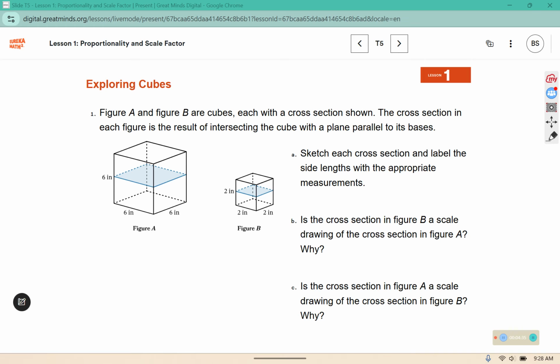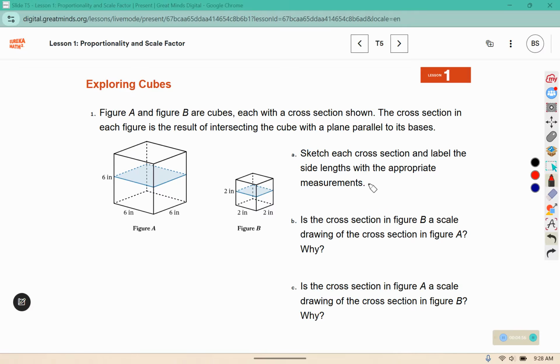It says figure A and figure B are cubes, each with a cross-section shown. The cross-section in each figure is the result of intersecting the cube with a plane parallel to its bases. Sketch each cross-section and label the side lengths with the appropriate measurements.